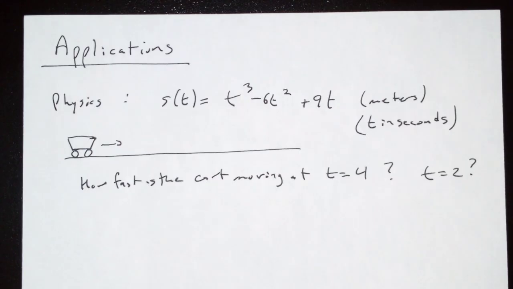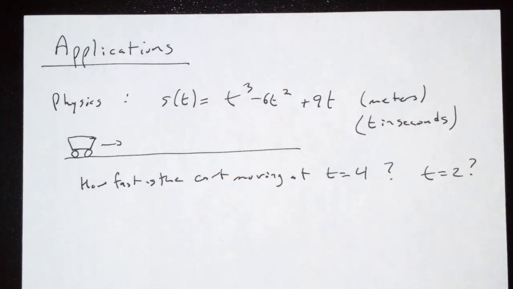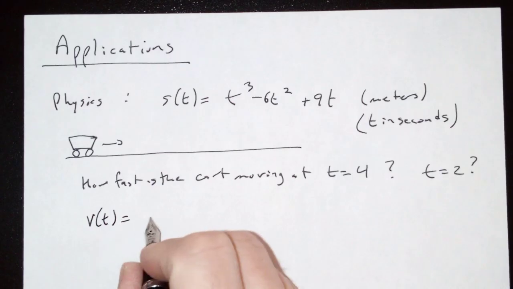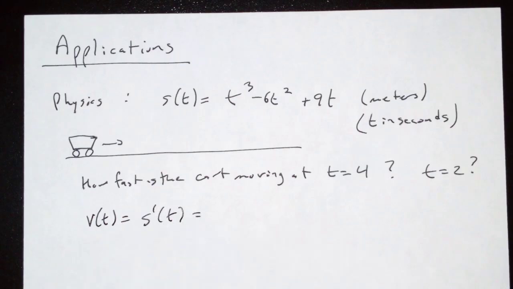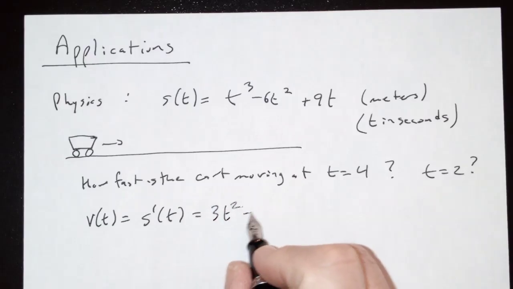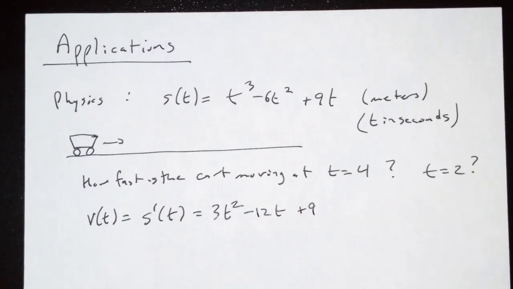Because this is position, change in position is exactly what speed, how fast, is measuring. So I want velocity. That's my derivative, which in this case is exactly a quadratic. And now I can plug in the times that I want.